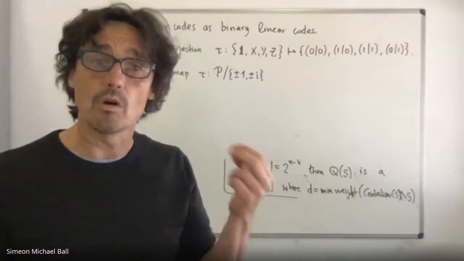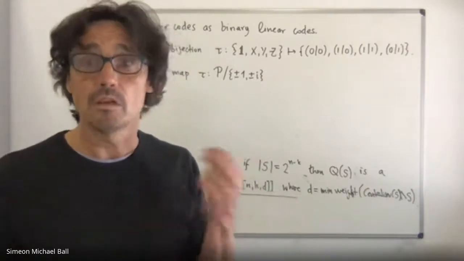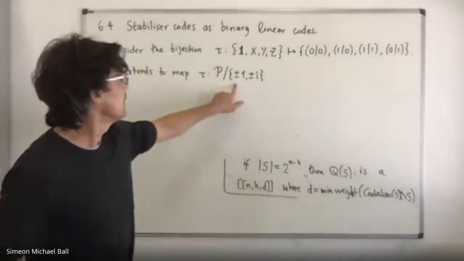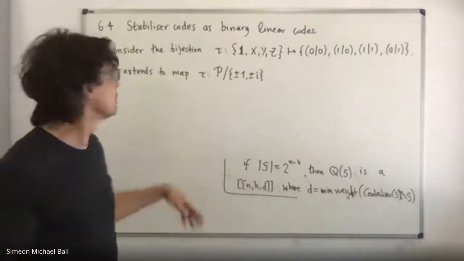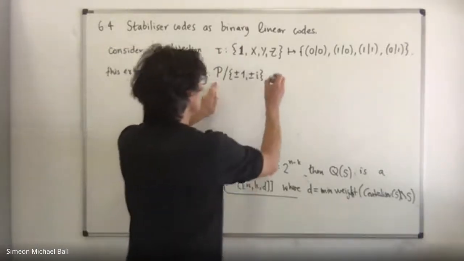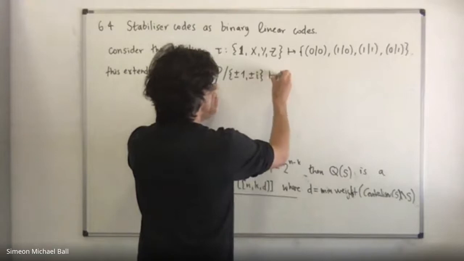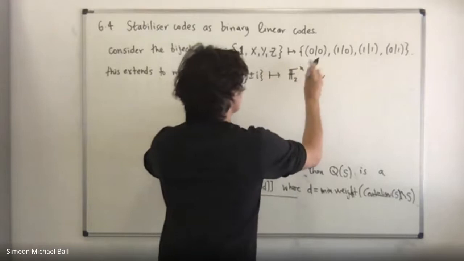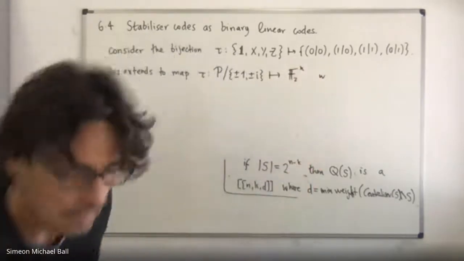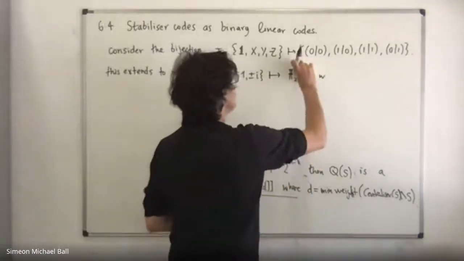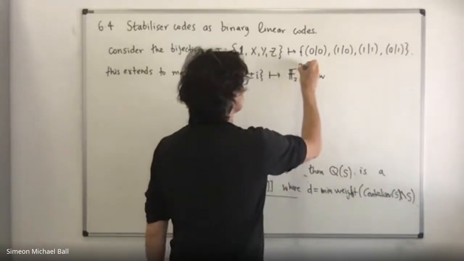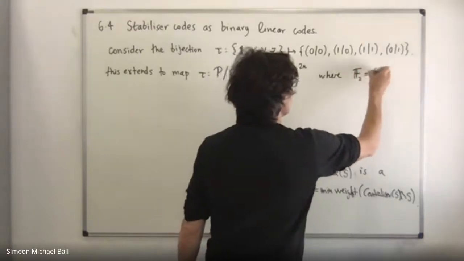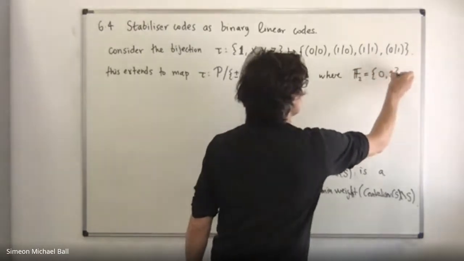They're simply sigma 1 tensor sigma 2 tensor and so on, where the sigma i's are Paulis. Okay, so that's what I mean by quotienting out by the coefficient. I'm not bothered by what it is. And this is going to go to F2 to the 2n. So this F2 is my notation for the field with two elements, 0 and 1.